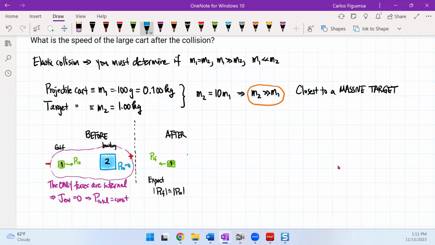The momentum of the bowling ball is now going to be moving to the right. So we expect that V2 final is very small, that the bowling ball is barely going to move.